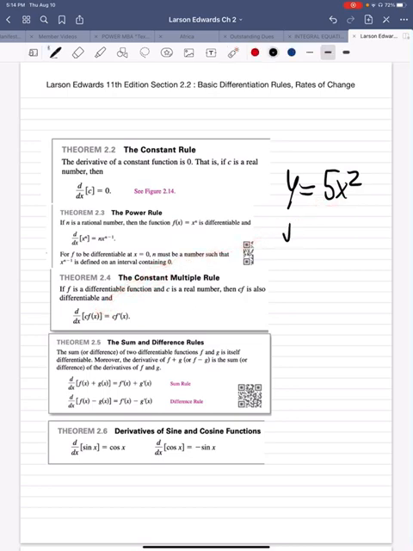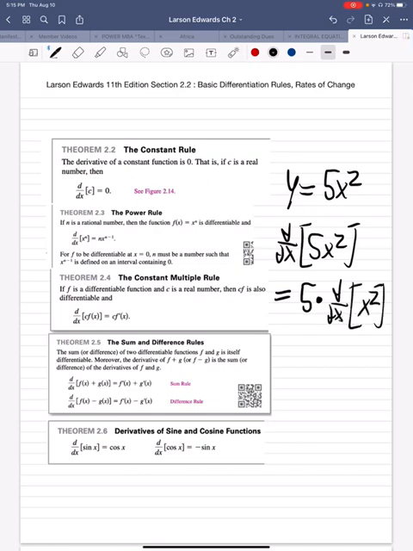So d/dx of 5x squared is equal to the constant 5 times the derivative of x squared, which is equal to 5 times, now this is going to use the power rule, so you bring the 2 in front, to x, because it's 2 minus 1 on the power, which is 1, so you don't write it, which is equal to 10x.